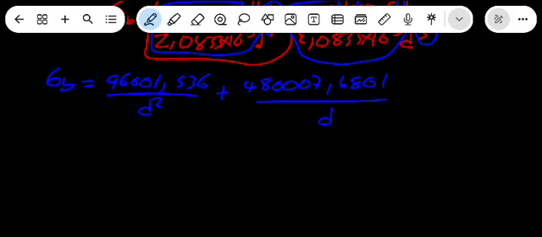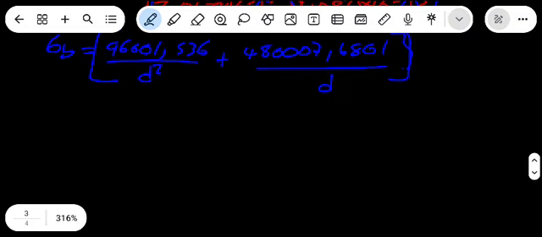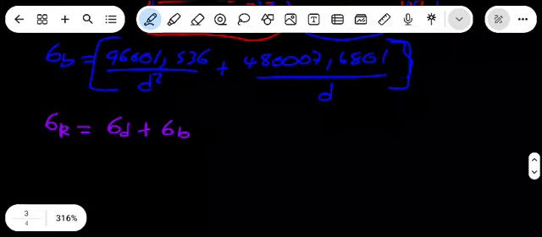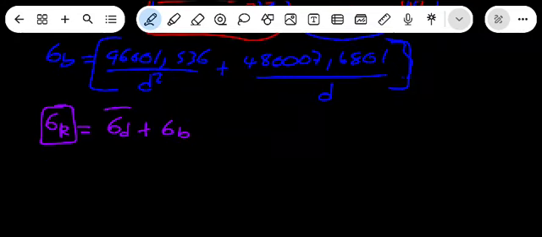This is our actual bending stress. This equation represents our bending stress, nothing special there. So we have the bending stress. They said we should calculate d, but we know that the resultant stress is given by the direct stress plus the bending stress. All right, we are given this here.